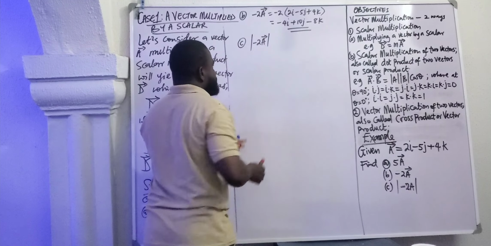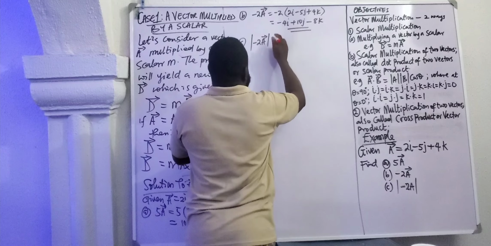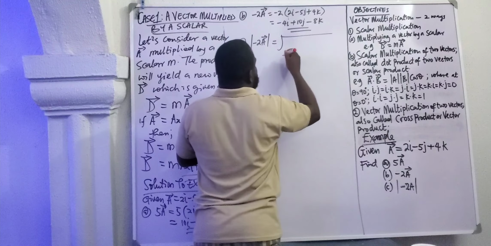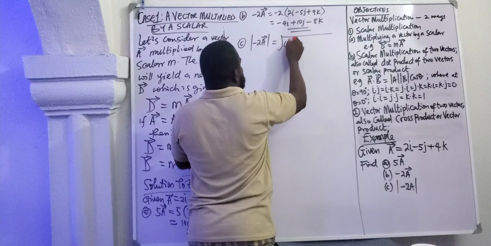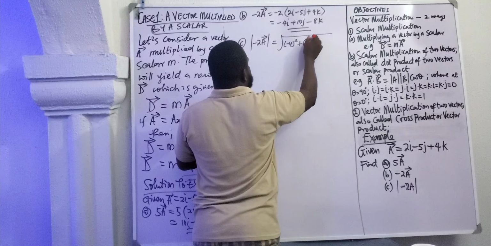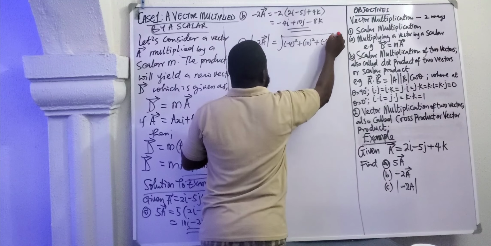Then option C says we should find the magnitude of minus 2 times vector A. That is, to find the magnitude of this new vector, we take the square root of minus 4 squared plus 10 squared plus minus 8 squared.